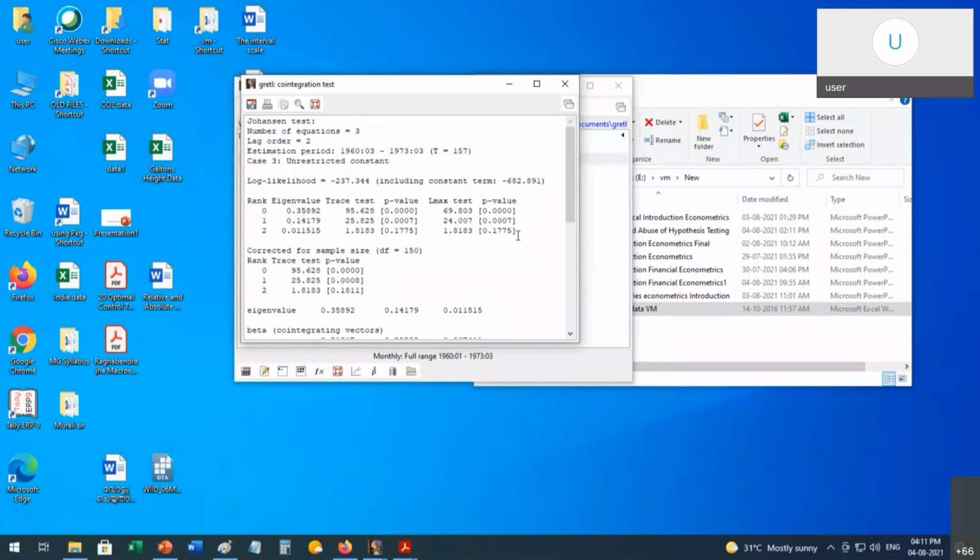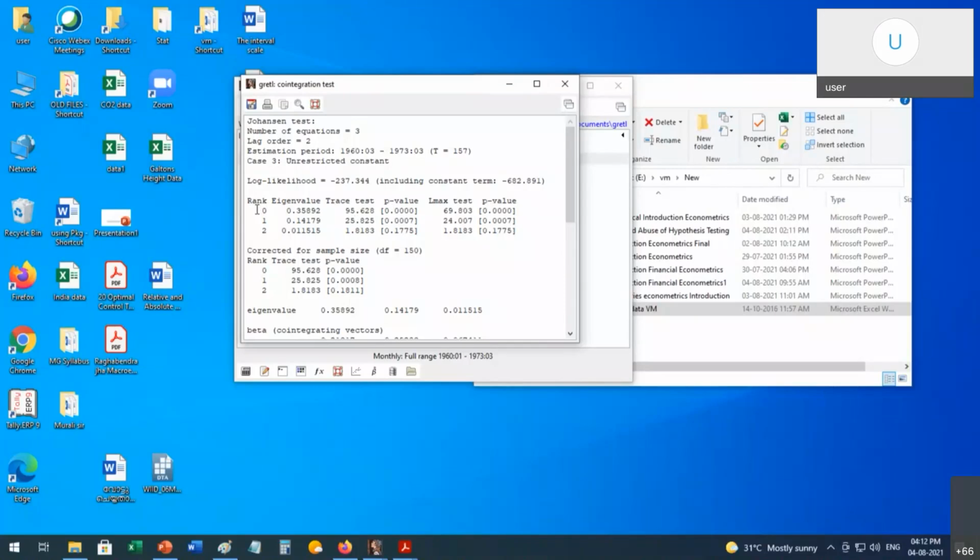But we are not rejecting this one, which means we stop there, and we need not consider the remaining rows. So where we do not reject, there we stop. Suppose we do not reject the first row, we stop there and say that there is no cointegration. That's all.